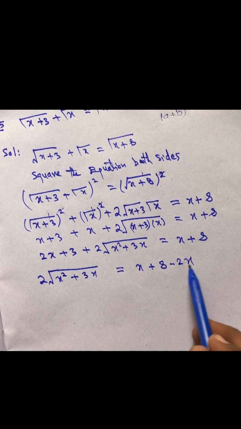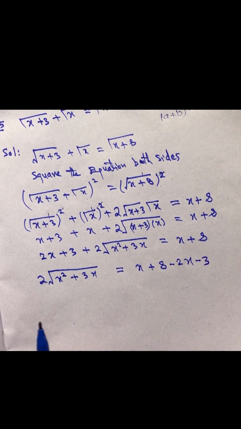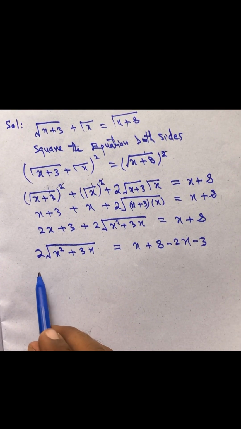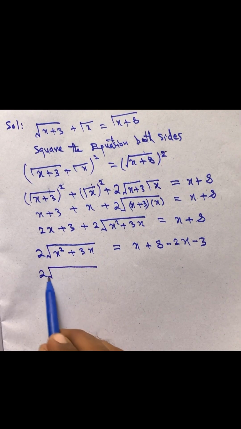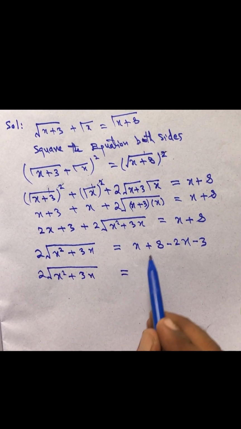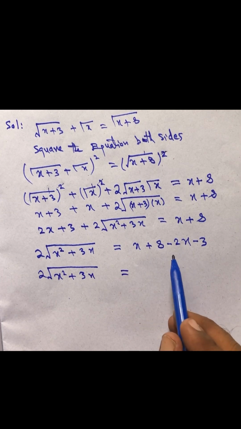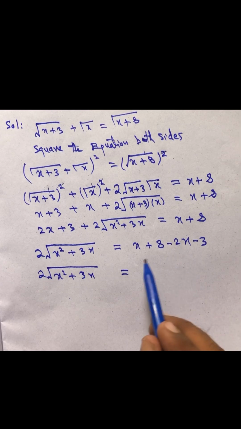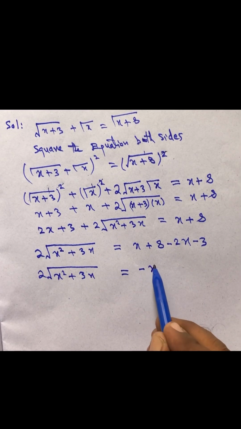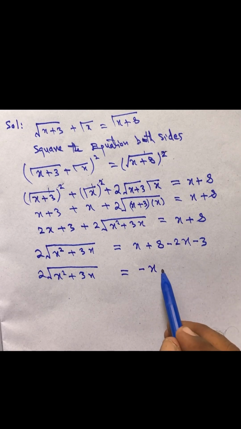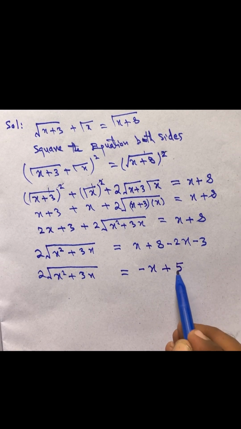This plus 3 will also be minus. Further we move like this: the same radical sign comes here, x square plus 3x, and x minus 2x. x is plus and this is minus, so it will be minus x. We know such kind of sign adding. And plus 8 minus 3 means plus 5. This is minus x plus 5.